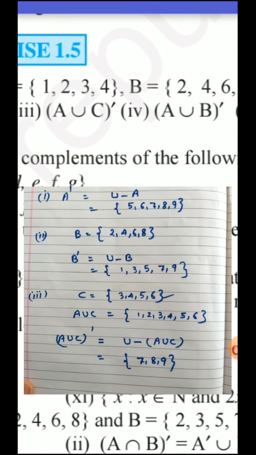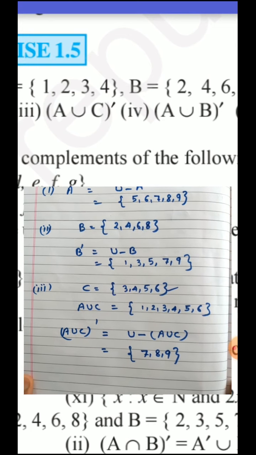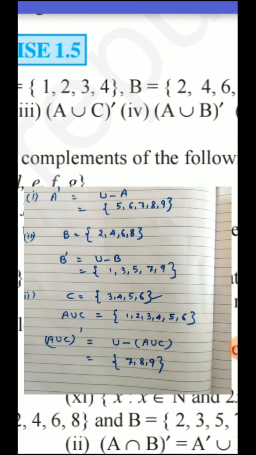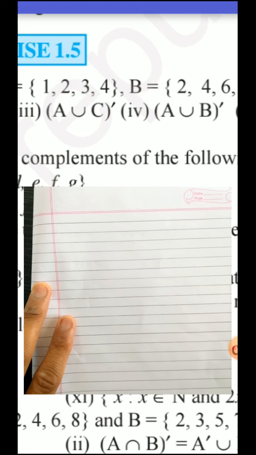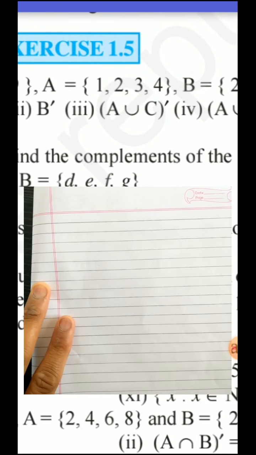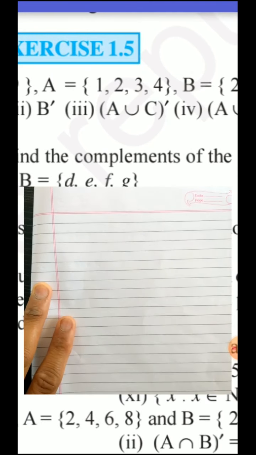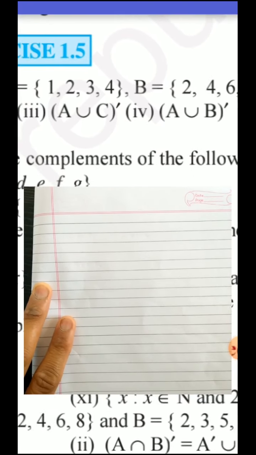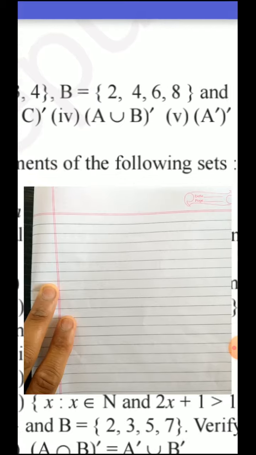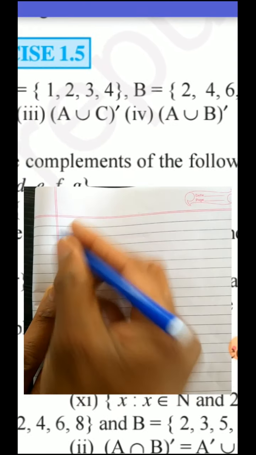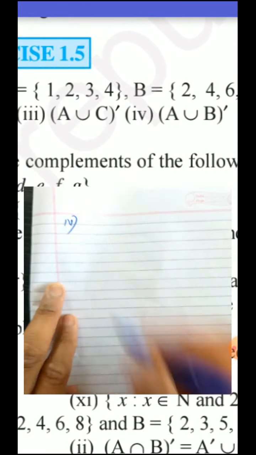Next is A union B complement. So my dear student, A union B complement you have to find out. Okay. As we know, A is 1, 2, 3, 4 and B is 2, 4, 6, 8. This is the fourth one.